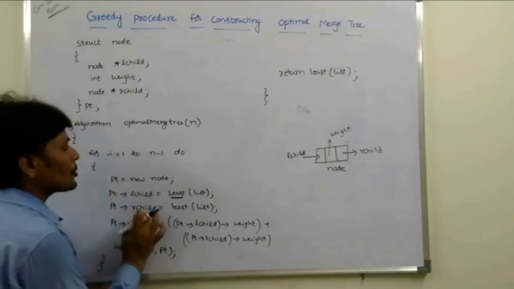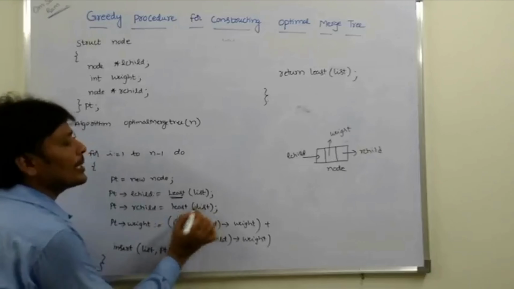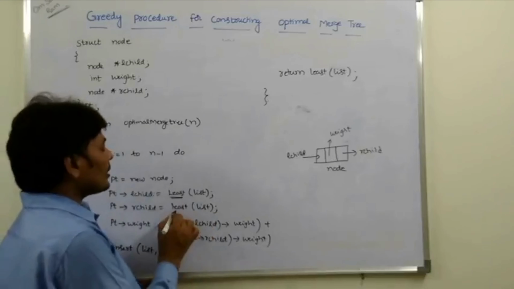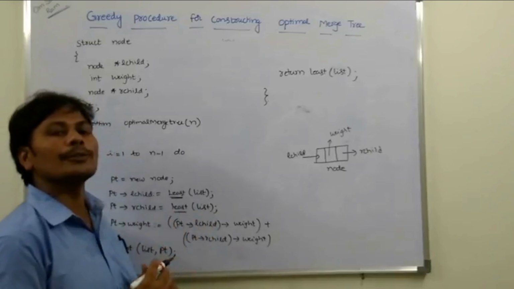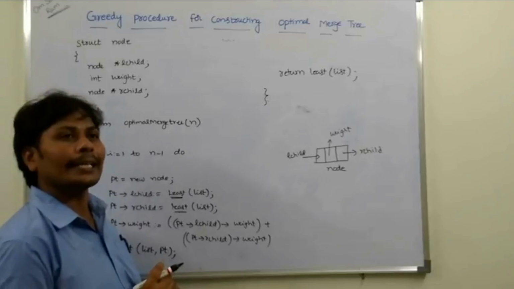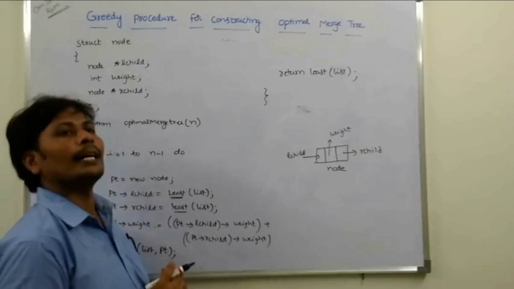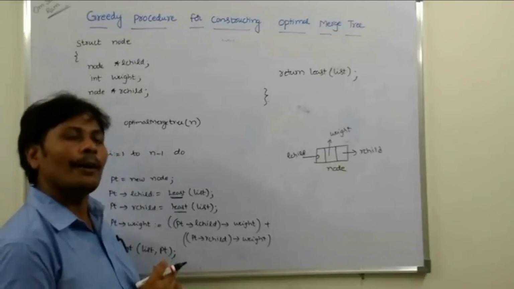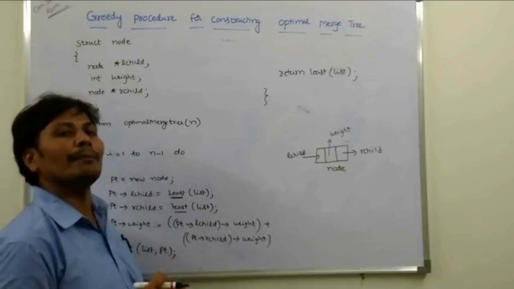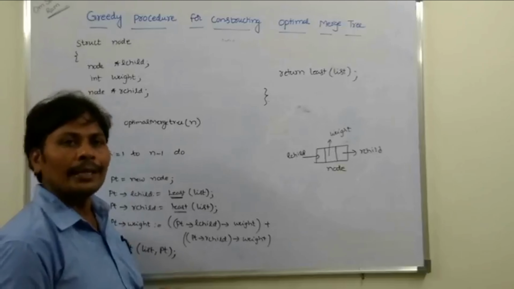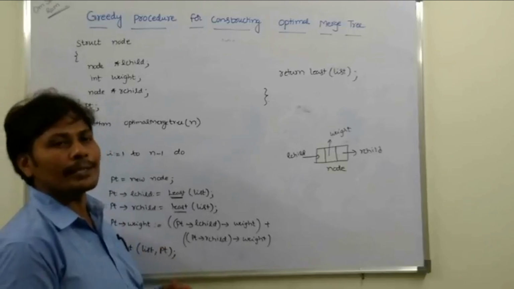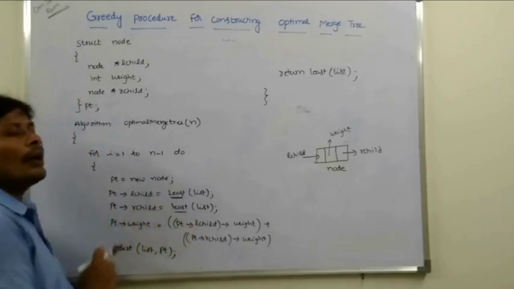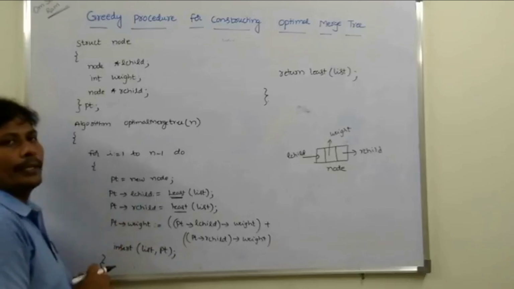Next, pt arrow r child is equal to list of list. Here the list function is also used to select the second minimum value from the list. After finding the second minimum value, it is removed from the list and assigned to the pt arrow r child.